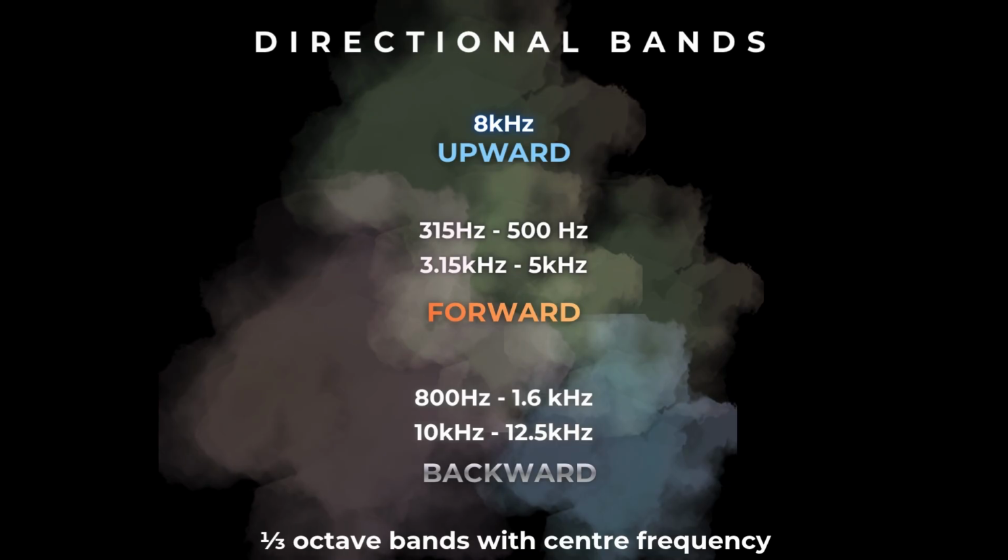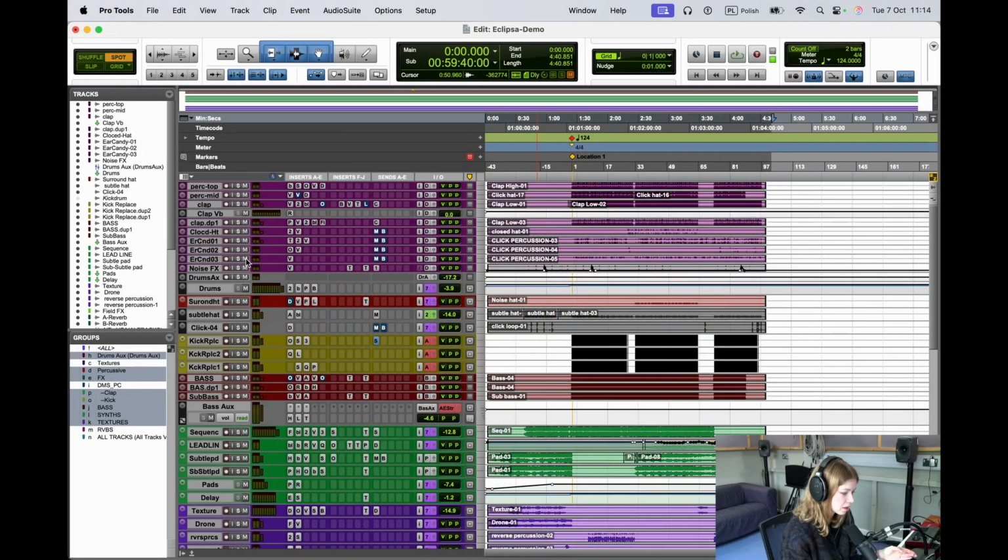So knowing which frequencies, enhancing which frequencies will help you create the sound source appearing up above you or behind you, because these are the directions that we really struggle with perceiving. So knowing these, you can really help with creating that sense of desired direction.